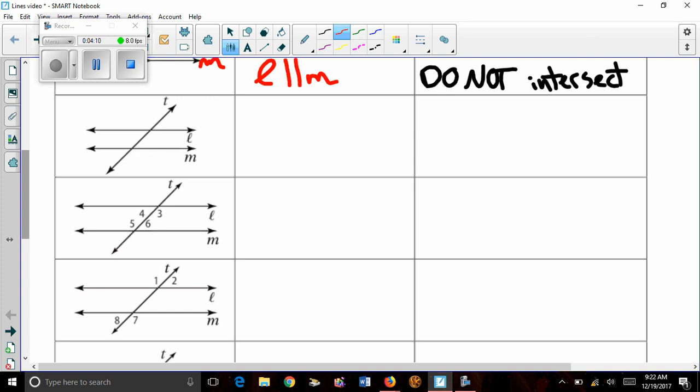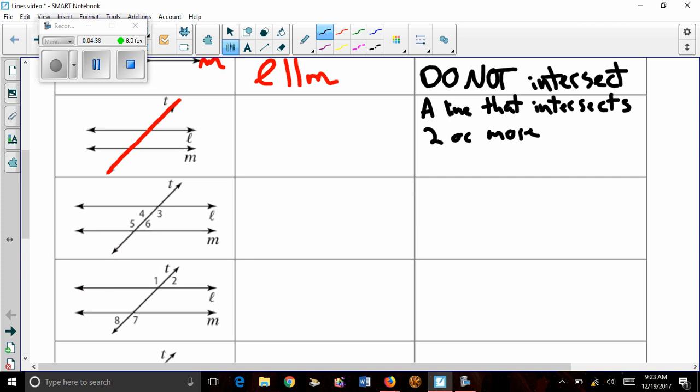In this case, we're talking about line T, and when we have a line that intersects two or more lines, we call that a transversal.